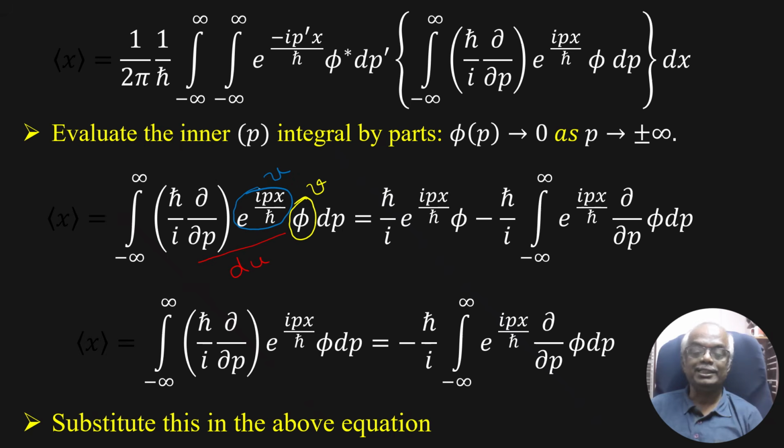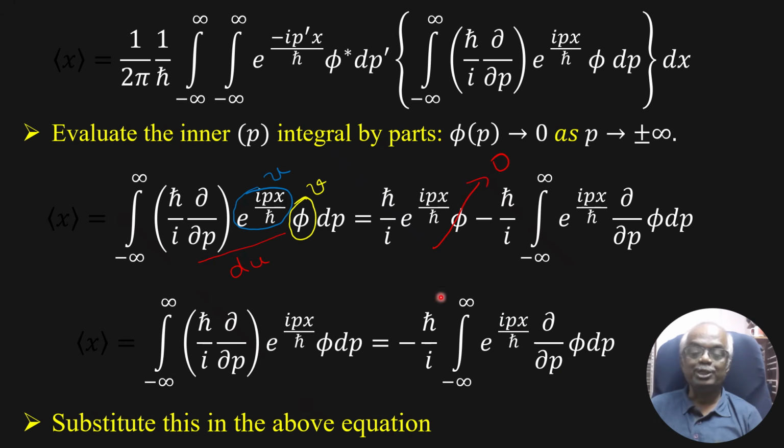Here, as I said, at the boundary this pi value will be 0, so the first term will go away. So this entire integral will become minus h cross over i, then the integral from minus infinity to plus infinity of e power i px over h cross, delta over delta p of pi dp.